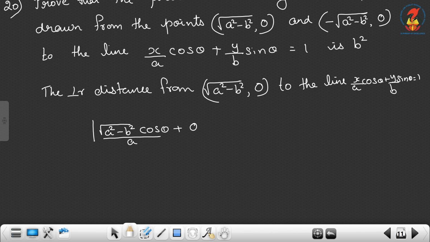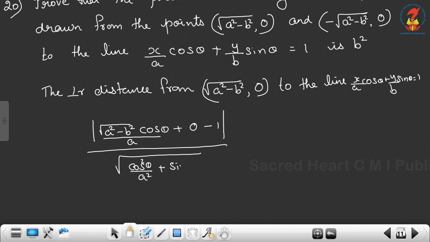Then take 1 to the left side, minus 1, by root of the coefficients of x square and y square, that is cos square theta by a square plus sin square theta by b square.